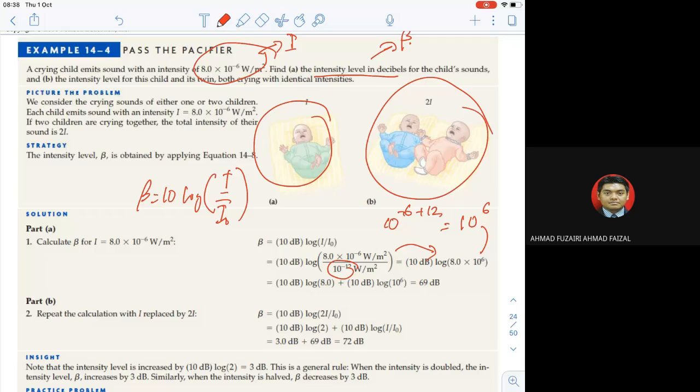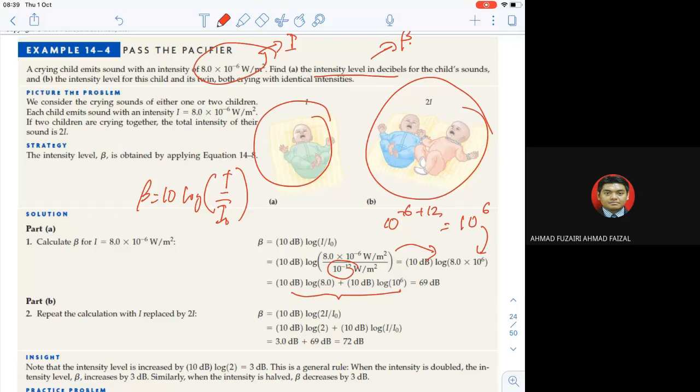Now we need to use a little bit of logarithm equations. When it is multiplied, it should split up into addition. So 10 log 8 plus 10 log 10 power of 6.